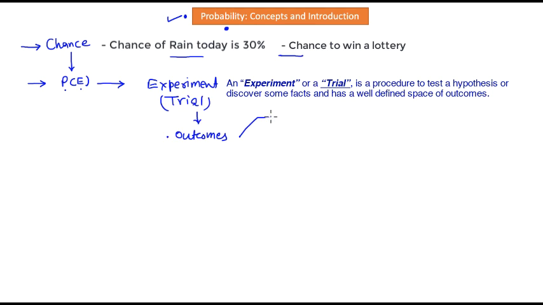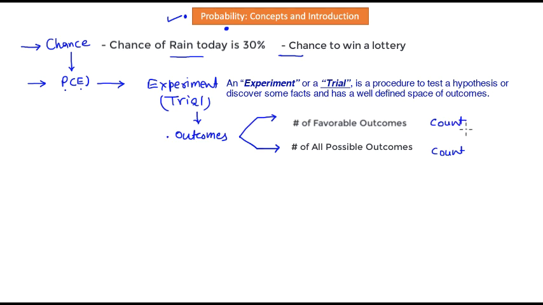Outcomes can be further divided into two categories. One category is the space of all possible results that could happen as a result of that experiment, and we are interested in the count of those results. The second is the favorable events that would happen as a result of that trial, and once again, we are interested in the count of those.